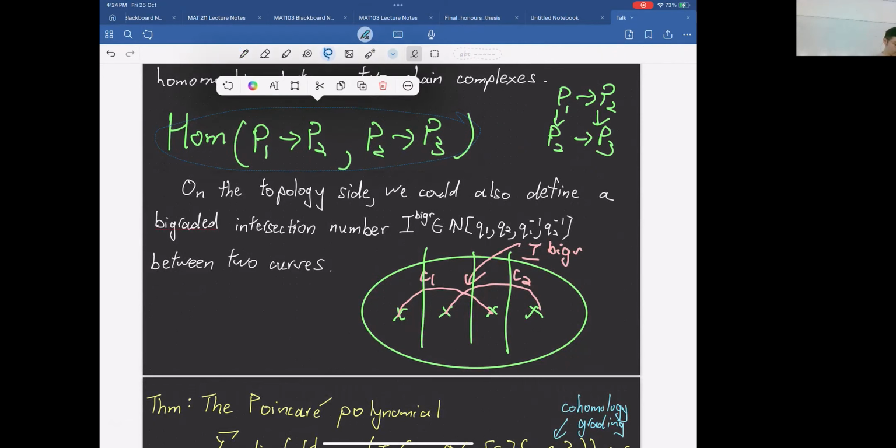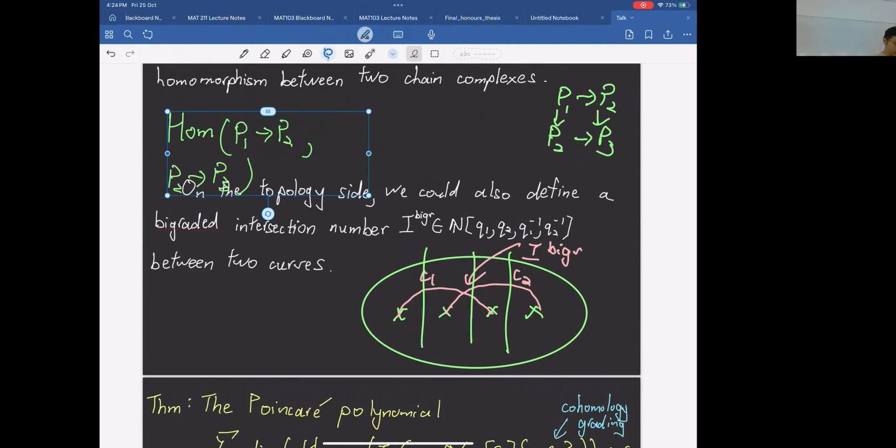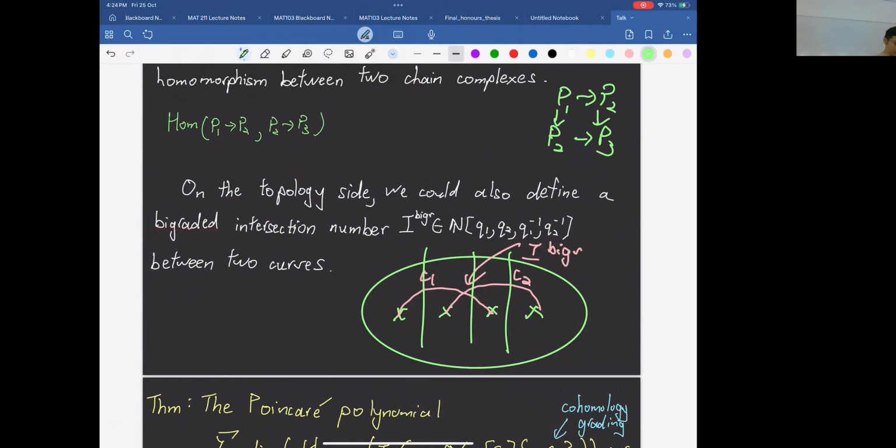So let me put this a bit. Or you shift the other one in another cohomological grading. So maybe shift P2 to P3 across. So is there a chain map like this? Or if you shift it really far away, you're only left with a 0 map.